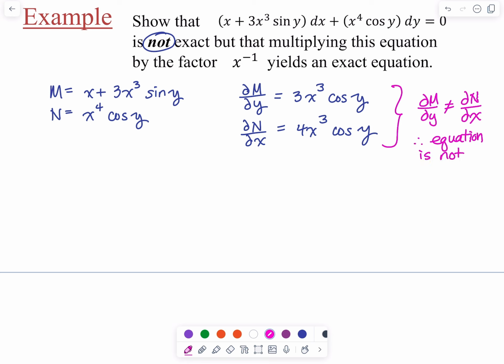And so let's go ahead and use what they've asked us to do. We're going to multiply this equation by x raised to the negative 1 power and see if we can come up with an exact equation. So we're going to take x to the negative 1.